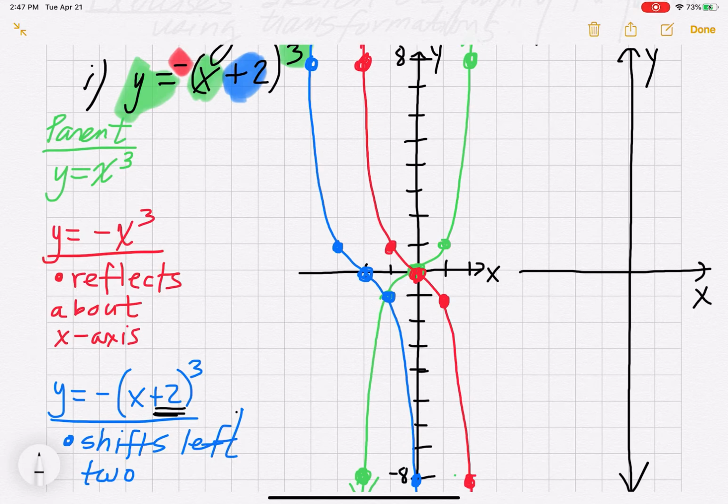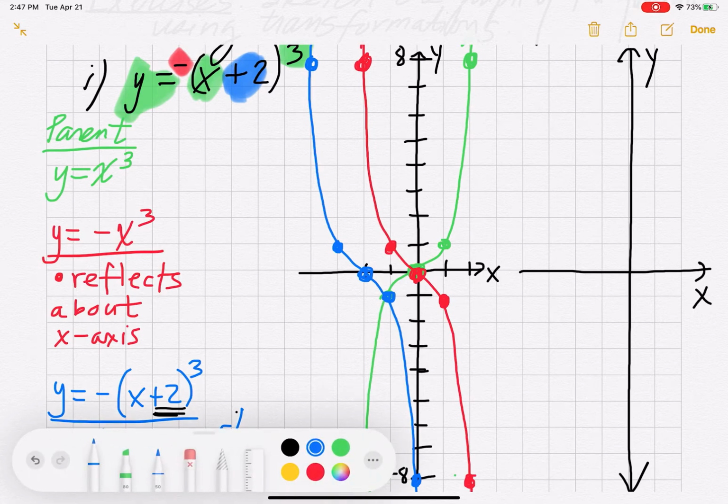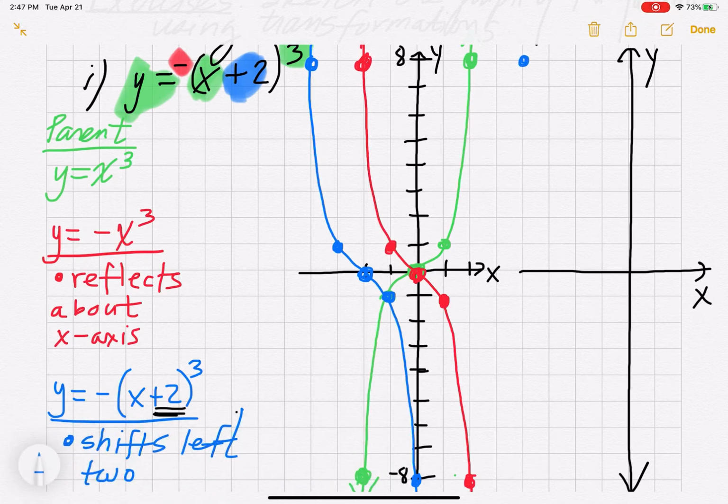All right, let's copy these points again. So the first blue point is negative 4, 8. Then we have negative 3, 1, and then negative 2, 0. Then negative 1, negative 1. Okay, let me do this arm here on the left side.